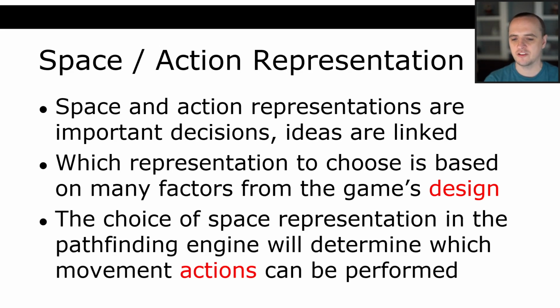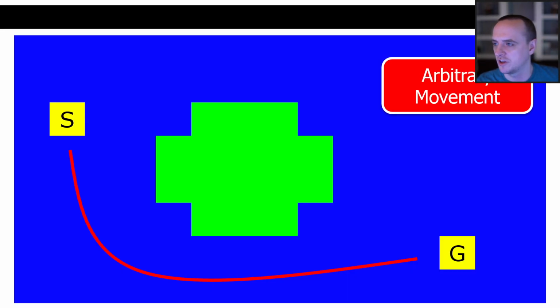The choice of space representation in the pathfinding engine will determine which movement actions can be performed as well. If your representation is a hexagonal grid, then you're probably going to be moving on a hexagonal grid. If your representation is a graph, then you're probably limiting yourself to movement between nodes on a graph, etc. But let's look at some possible space representations.